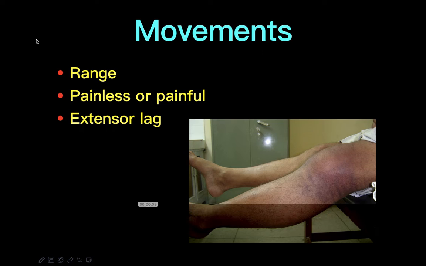The main difference is that in extensor lag we can passively correct the knee deformity and the knee will reach its zero position, while in fixed flexion deformity, we can never achieve the 0 degree position of the knee joint, or extension is not possible at all.